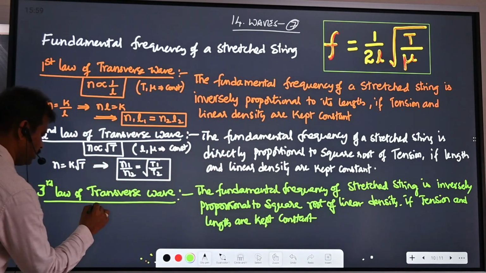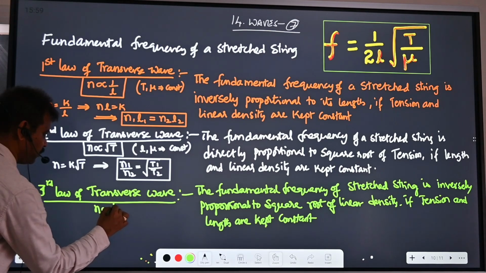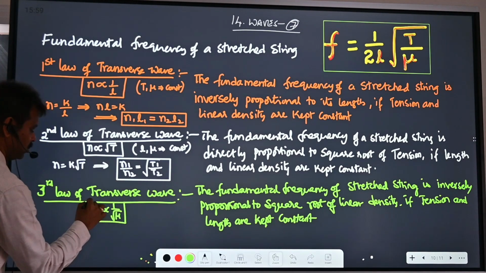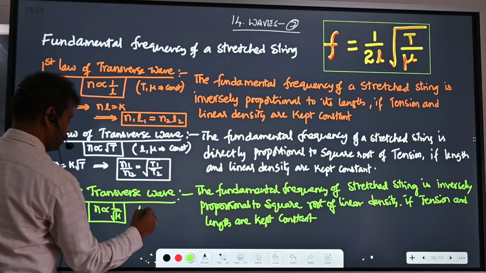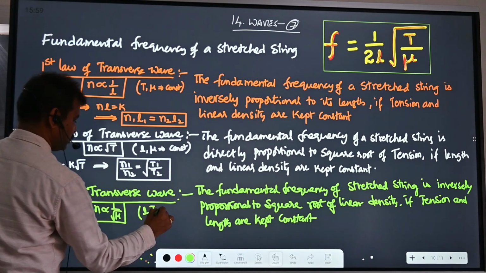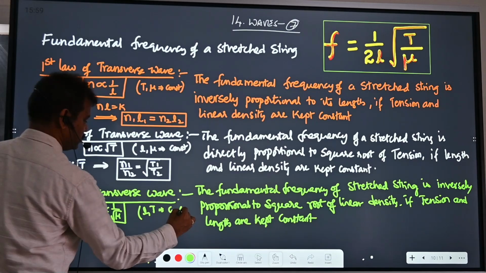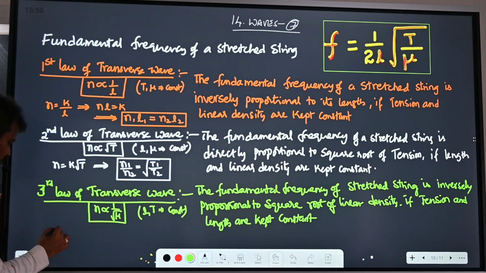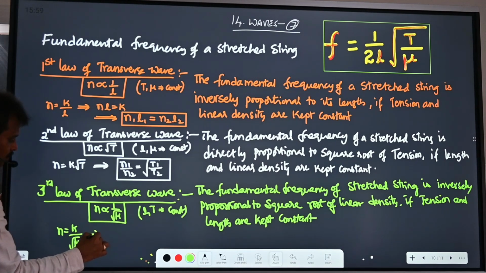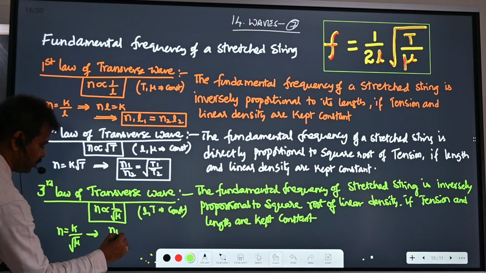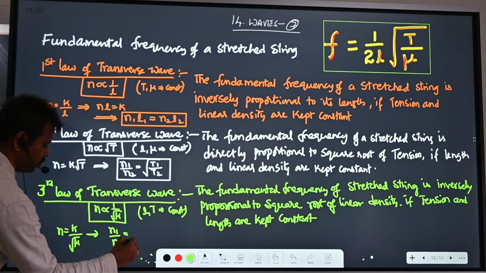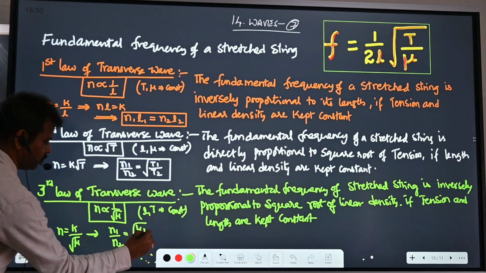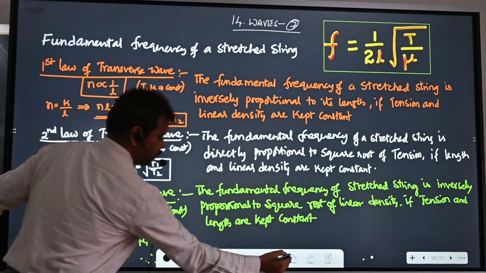So we can write n inversely proportional to root mu if L, T are constants. We can write n is equal to k by root mu, which can also be written as n1 by n2 is equal to root mu2 by mu1.